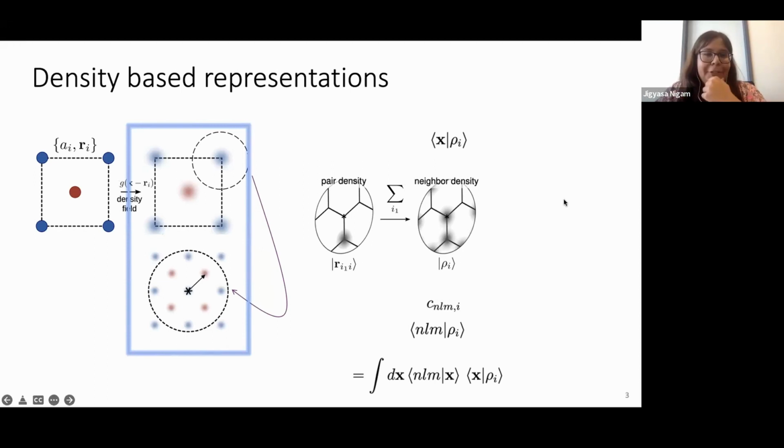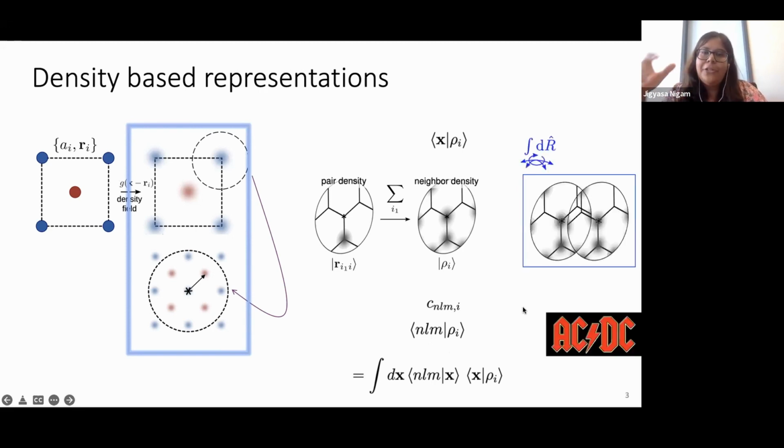Now, these are usually then rotationally symmetrized. And when we talk about rotational symmetries, you always see this nlm index popping up. So this is not surprising because spherical harmonics basically provide the most natural language to talk about rotations. So generally, this function that you have constructed here, the neighbor density, is projected on a spherical harmonic basis.